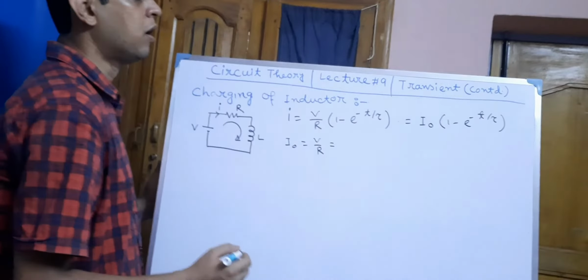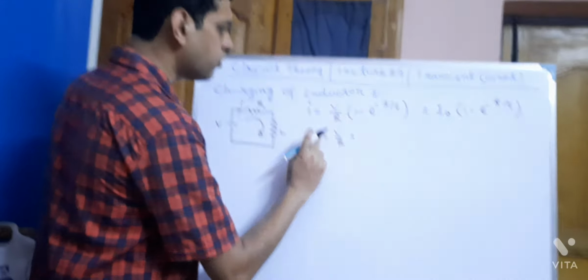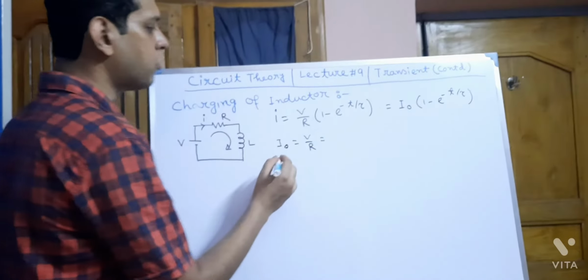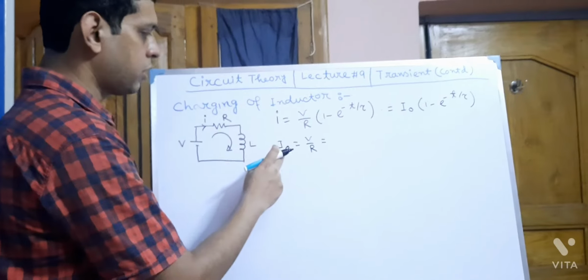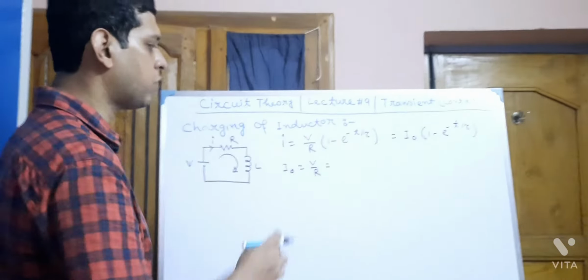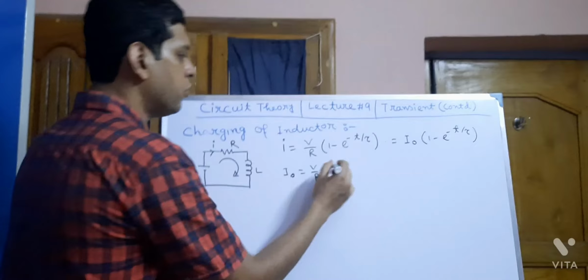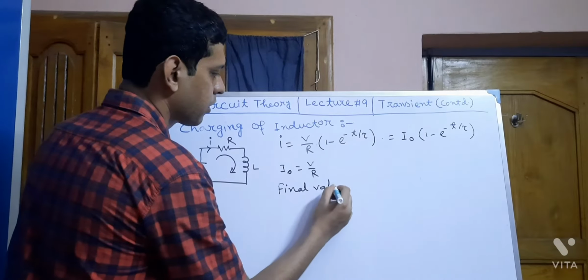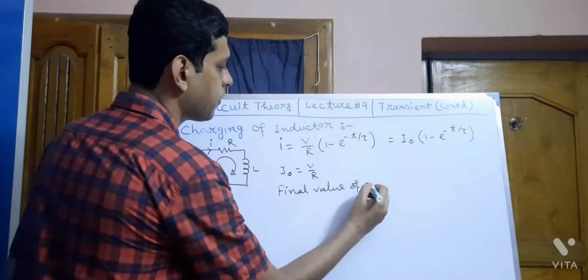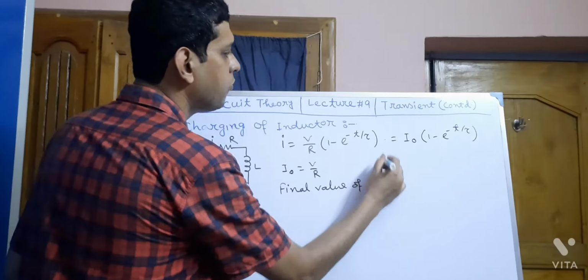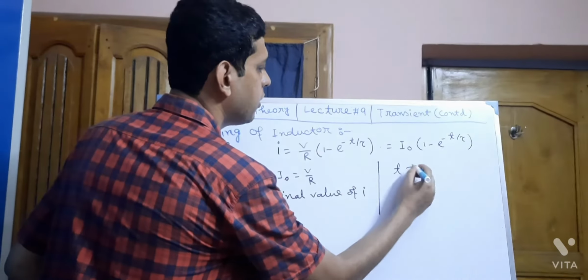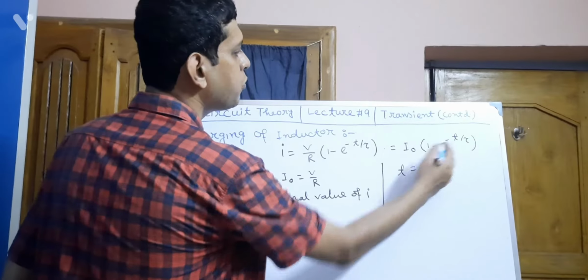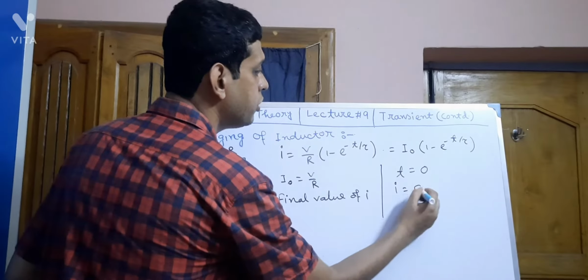Now this is I0. This 0 does not denote that it is i at t equal to 0. This is the final value of i, because if we put t equal to 0, i equal to 0.